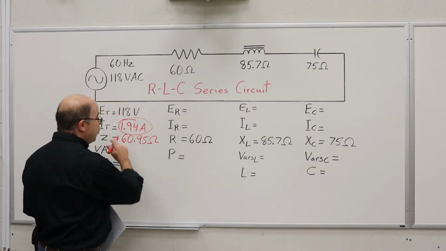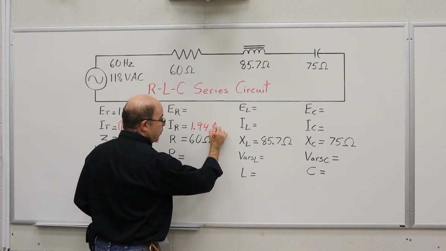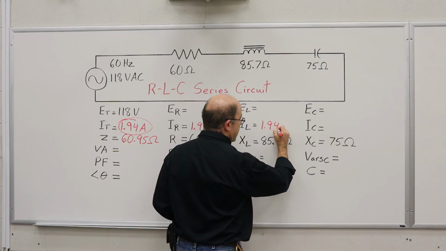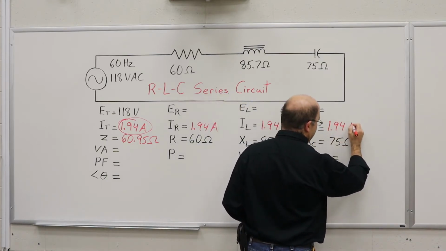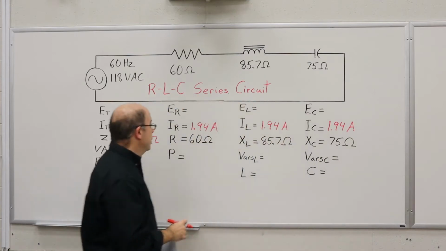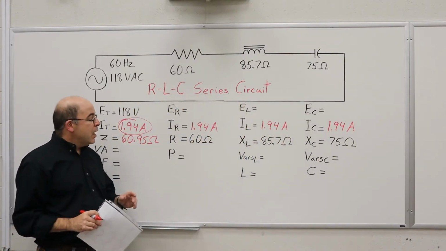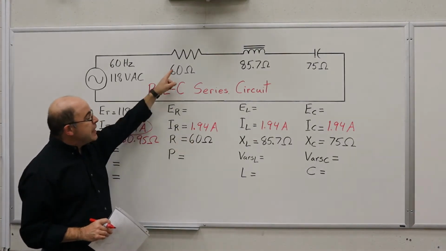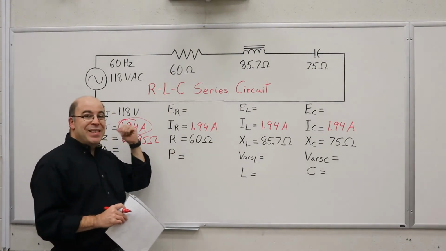So 1.94, very easily, we'll just input that right across. Now, because I've got the current already set up, I am going to solve for all the missing values in each of my components first before I tackle the entire circuit.